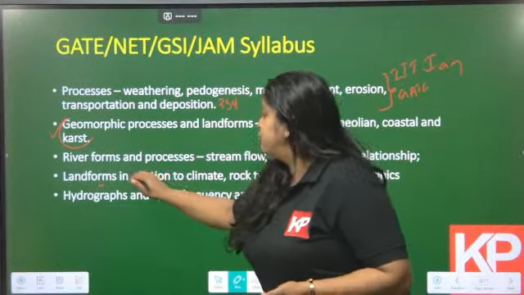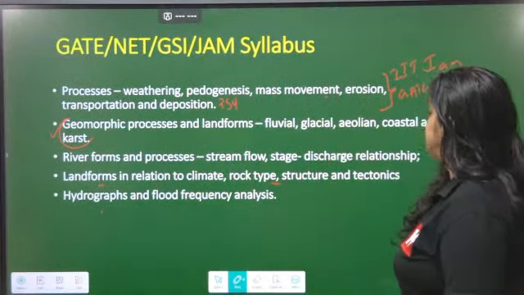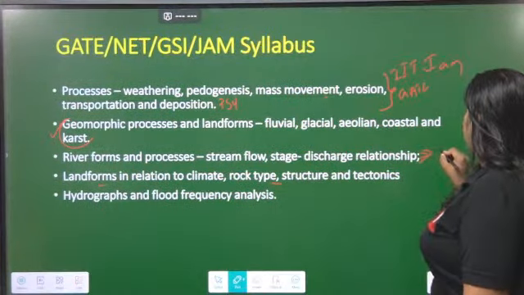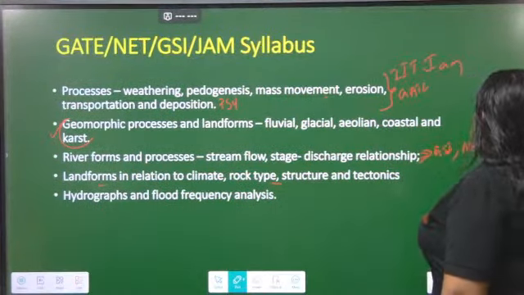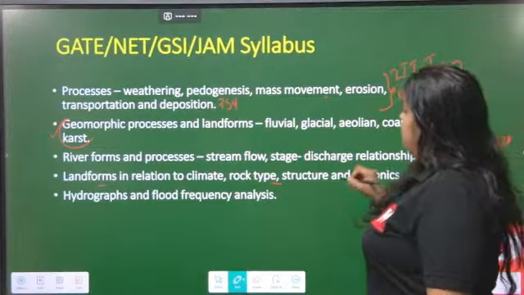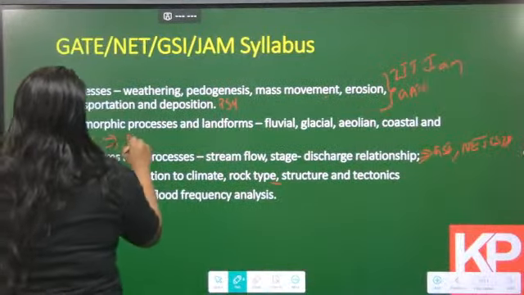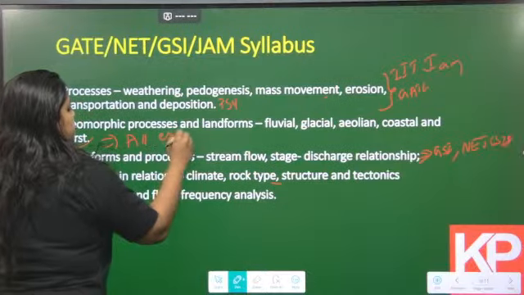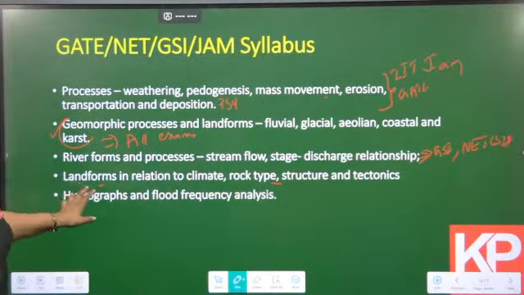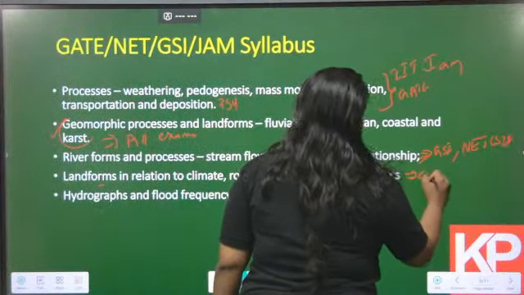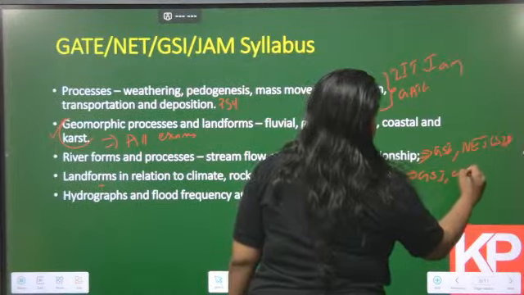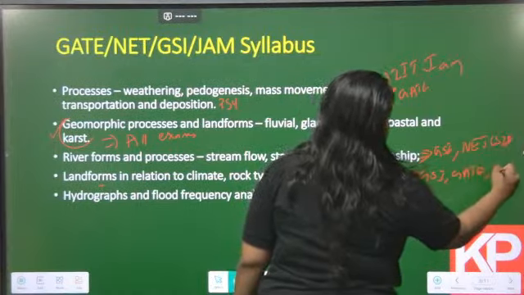Next one is river forms, processes, stream flow, stage discharge relationship, which is important for GSI and NET CSIR paper. Then the fourth one, landforms in relationship to climate, rock type, structure and tectonics. This is important for GSI, GATE, NET paper.